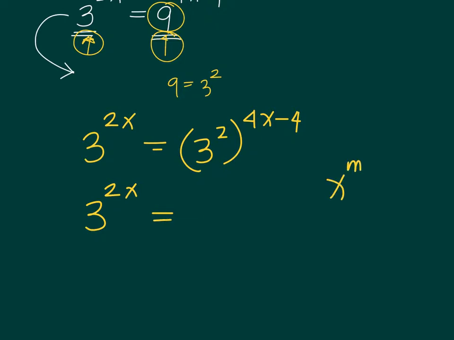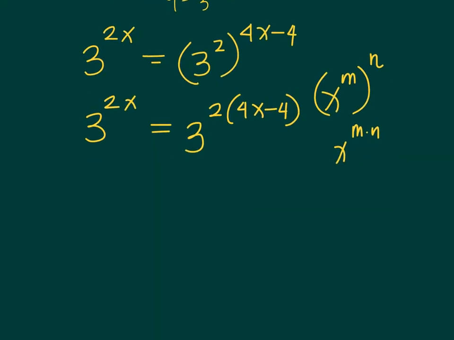In algebra, if x to the m is raised to n, it means x raised to m times n. So we simply multiply the exponents. So this is 3 raised to 2 multiplied to 4x minus 4. And from here, you have 3 raised to 2x equals, so distribute properly, and this is 8x minus 8.